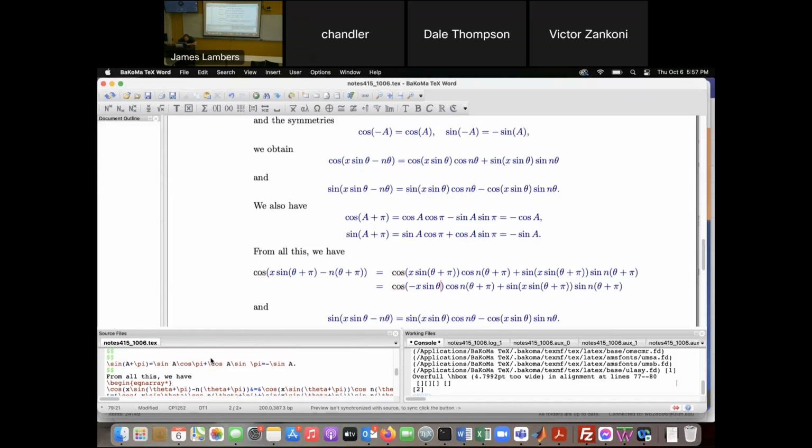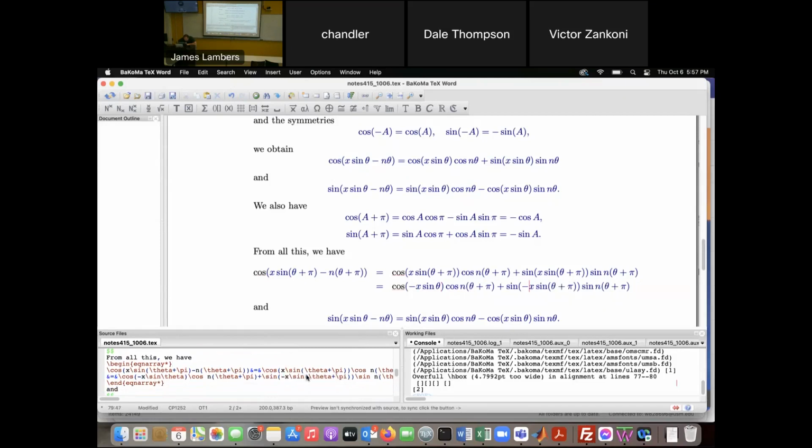Okay. And then we have a flip over here, sine of minus x theta. Now here is cosine. Cosine of minus something is the same as what happens if you go over minus, because cosine is an even function.